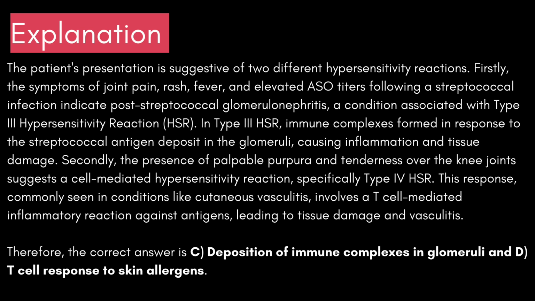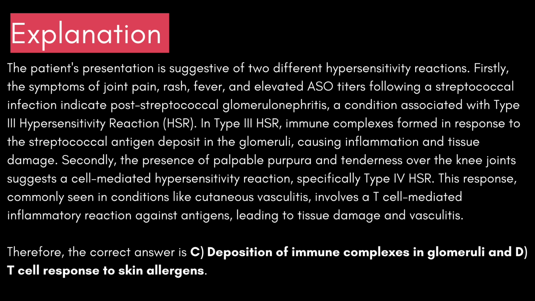Firstly, the symptoms of joint pain, rash, fever, and elevated ASO titers following a streptococcal infection indicate post-streptococcal glomerulonephritis, a condition associated with type 3 hypersensitivity reaction, HSR. In type 3 HSR, immune complexes formed in response to the streptococcal antigen deposit in the glomeruli, causing inflammation and tissue damage.